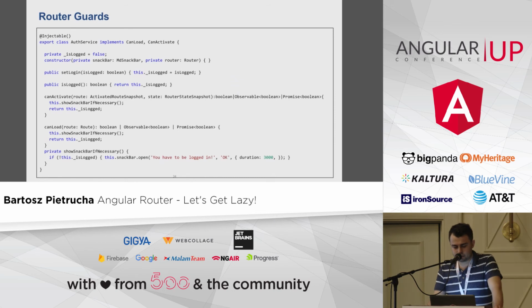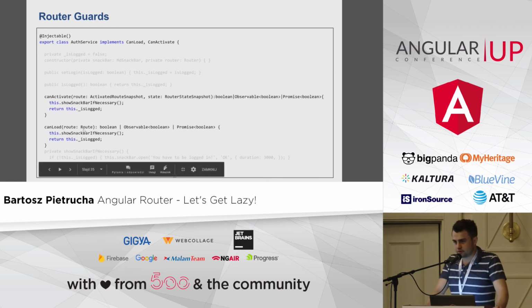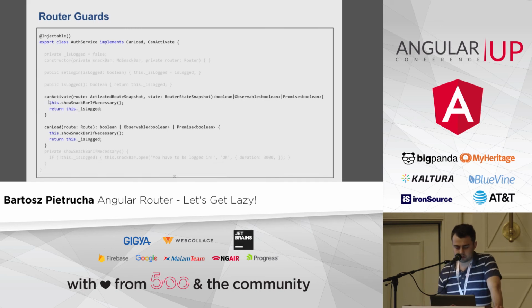So how can we implement the router guards? There are a bunch of different interfaces that allow us to convey the information to Angular. In this example, you can see that I have auth service, which implements canLoad and canActivate. Both of them require this class to implement particular methods. First is canActivate, which says if the transition can even happen between two states. And canLoad is a similar thing, but it says if, as I said previously, we can even download the particular lazy loaded module.